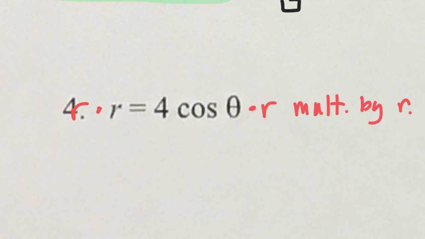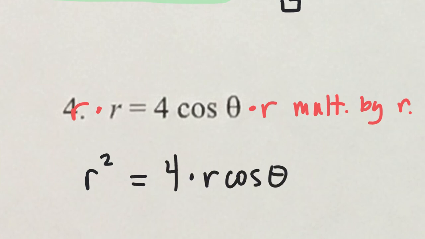So on the left side, what is r times r? That's r squared. Ooh, that's also a replaceable thing. Equals 4 times r cosine theta. Remember, multiplication is commutative, so you can put this r anywhere you want it. It can go in front of the 4, it can go in between the 4 and the cosine, and it makes the most sense to put it here, because now what can I replace?